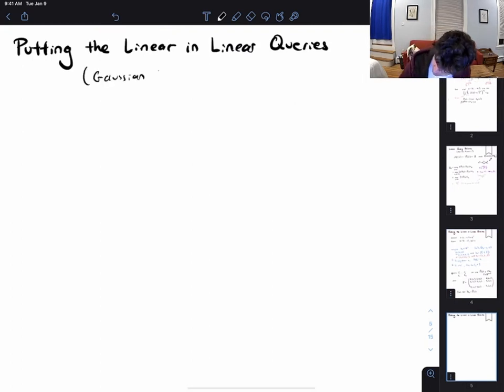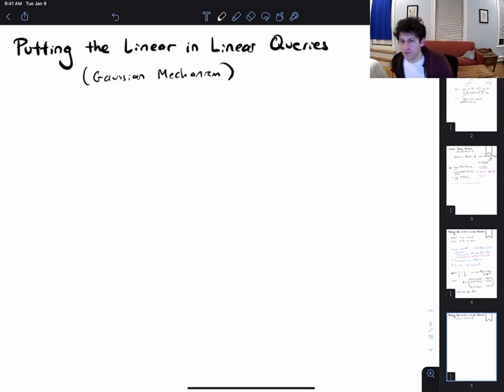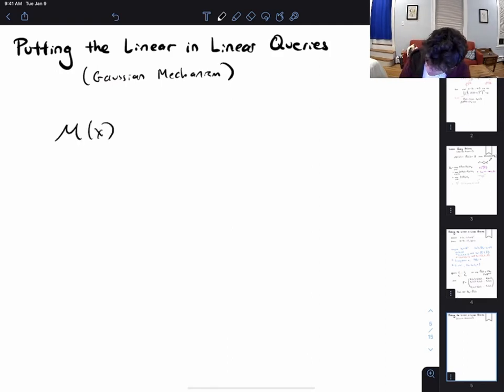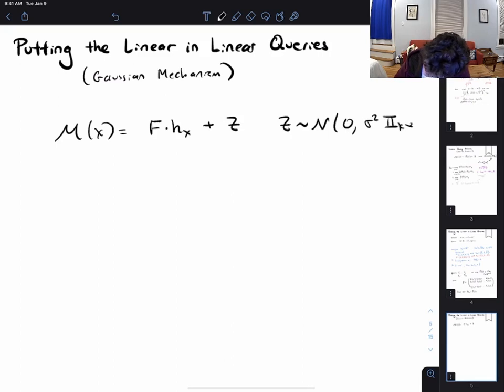Okay, so first of all, the Gaussian mechanism in this notation doesn't change, right? We still have that M of x is now this matrix vector product plus z, where z is chosen from the following Gaussian distribution, where I output noise on every query with variance sigma squared.